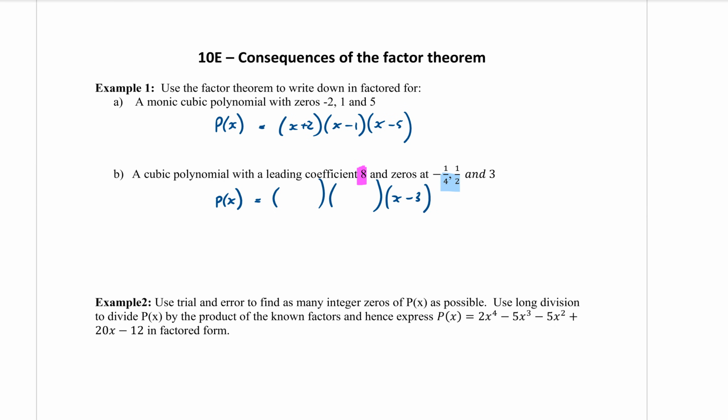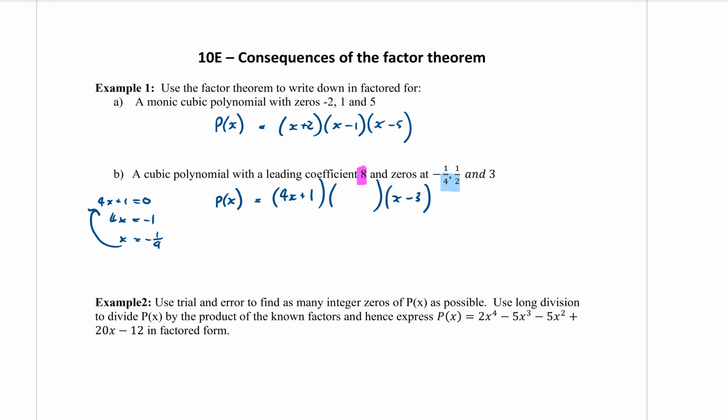So for the -1/4, I would do 4x plus 1 in that bracket, because I know that if I did 4x plus 1 equals 0, I would get 4x equals -1 and x is equal to -1/4. I'm just turning it back into that form to get the 4 in the front of my x.